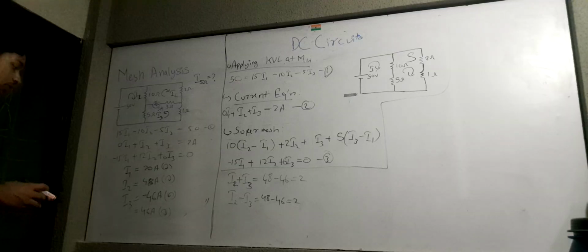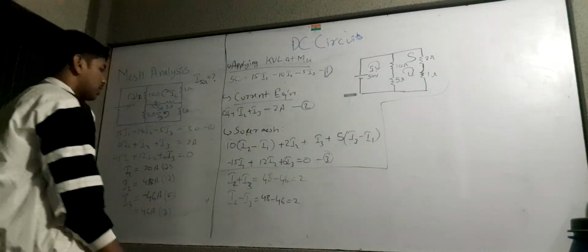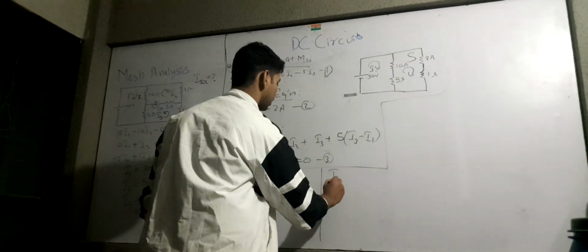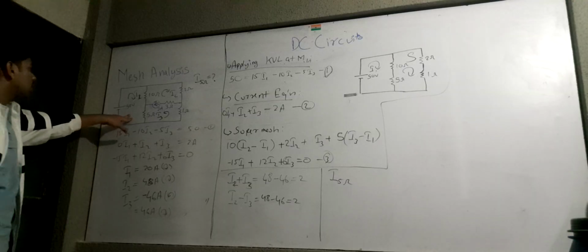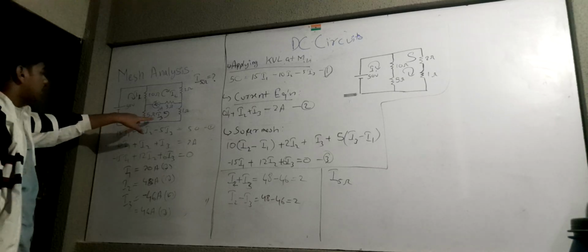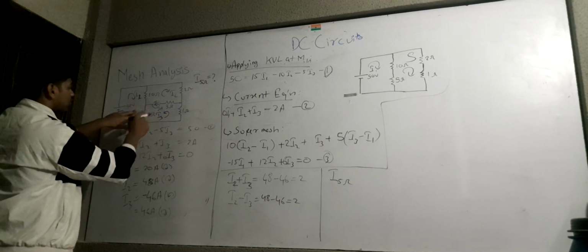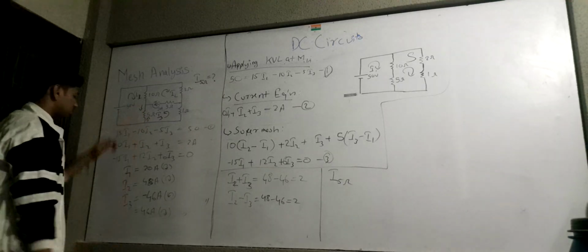So the question does not simply end here. We need to find the current through the 5 ohms resistance. What would that give us? Now the current through 5 ohms resistance: I3 is in clockwise direction, so I3 is going like this and I1 is going like this.